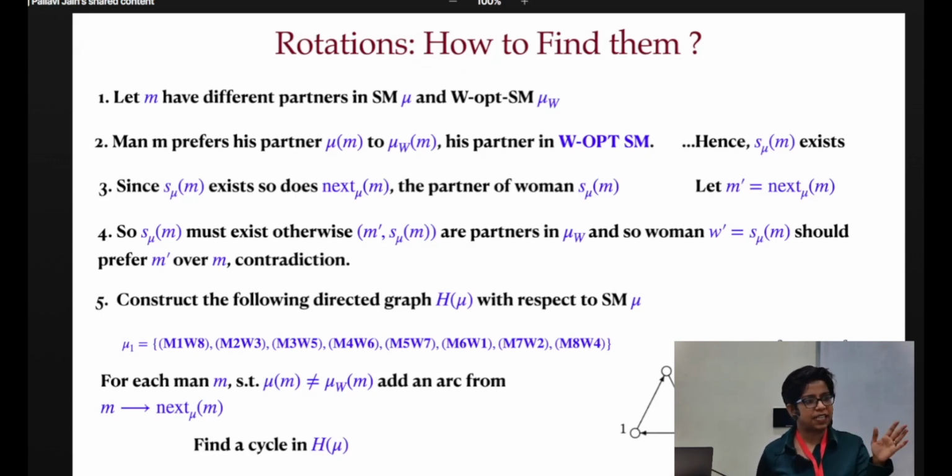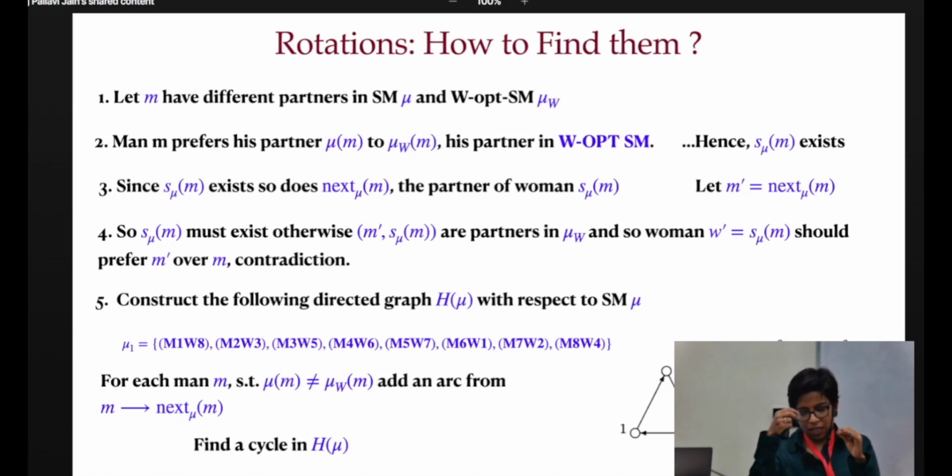Everybody is participating in a rotation, and you need at least 2 men to have a rotation. But overall, across all possible stable matchings, there can be an exponential number of stable matchings. But notice one thing: for a rotation to happen, the man has to have a partner. For every man, there are only n female partners. So a man can participate in at most n different rotations involving this partner.